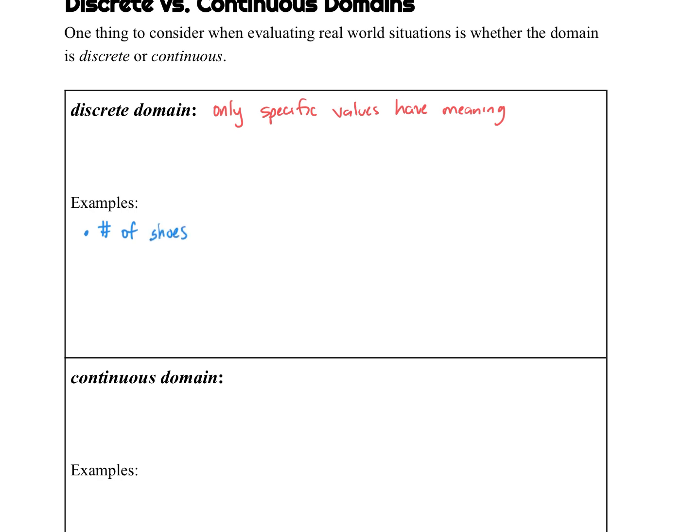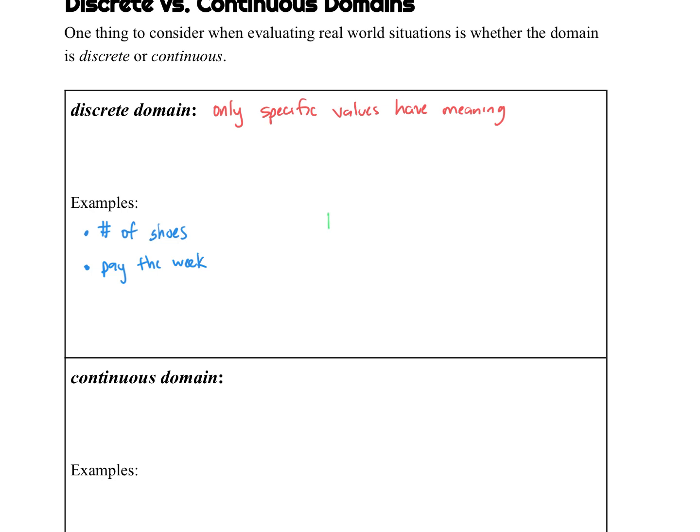You can only input one shoe or two shoes or three shoes. You can't input half a pair of shoes. Or in some cases, pay by the week. That's a common one that comes up. When you get paid by the week, you tend to be 1 week or 2 weeks or 3 weeks. You don't get paid for half a week. So that would be a discrete domain.